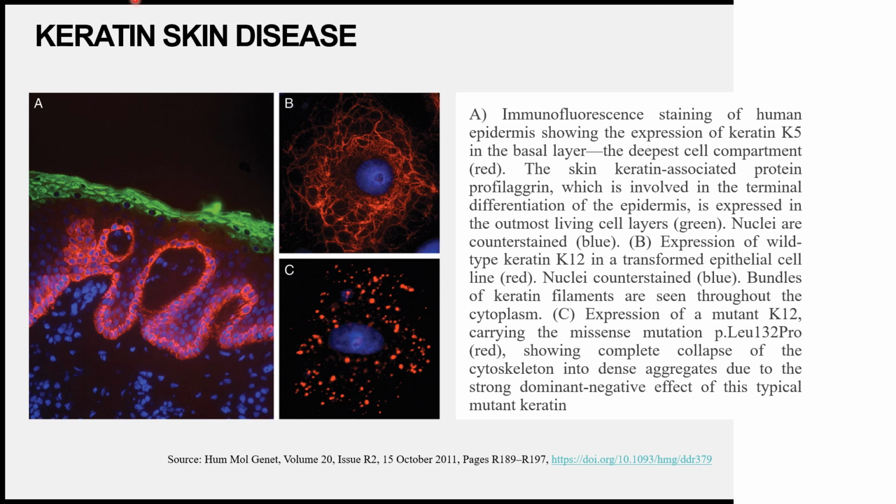Now let's look at the keratin disease. What I have here is an immunofluorescence staining of human epidermis showing the expression of keratin K5. In picture A, keratin K5 is in the basal layer, and it is stained in red, as you see here.